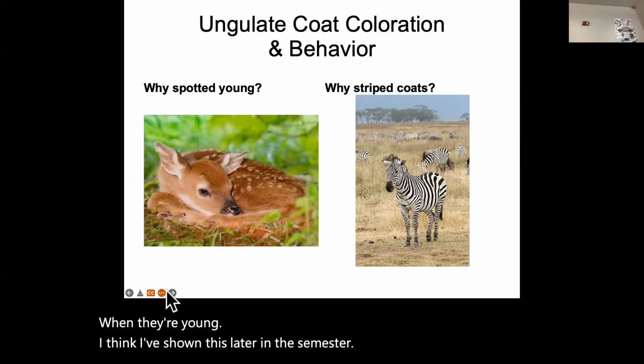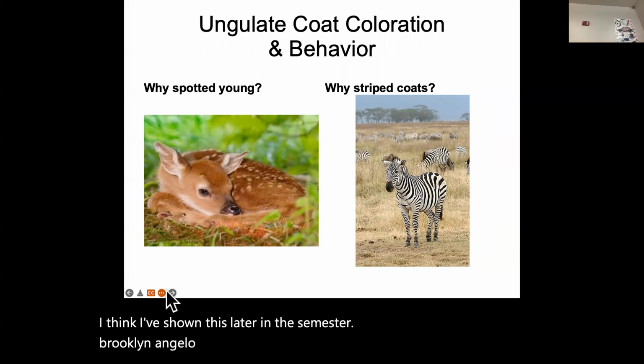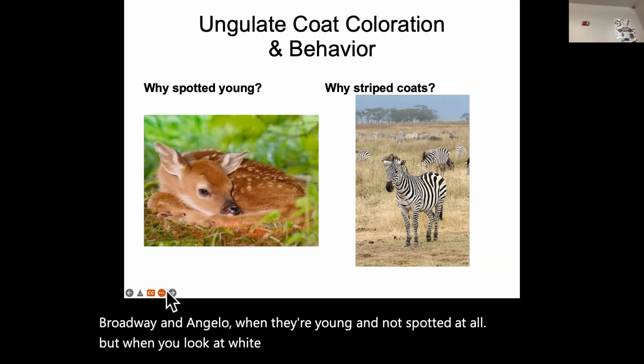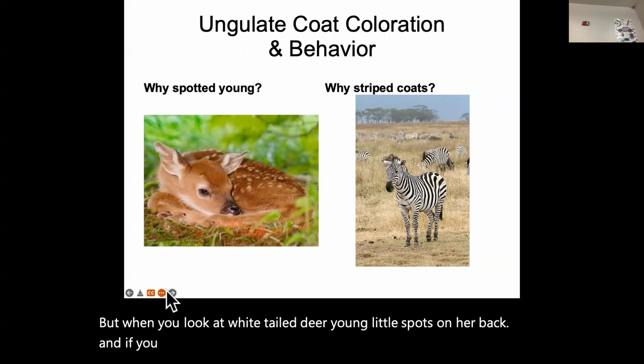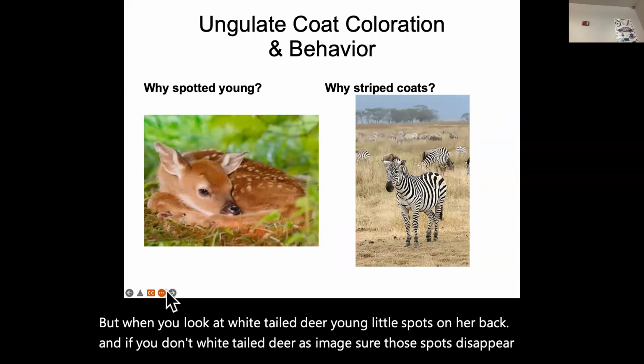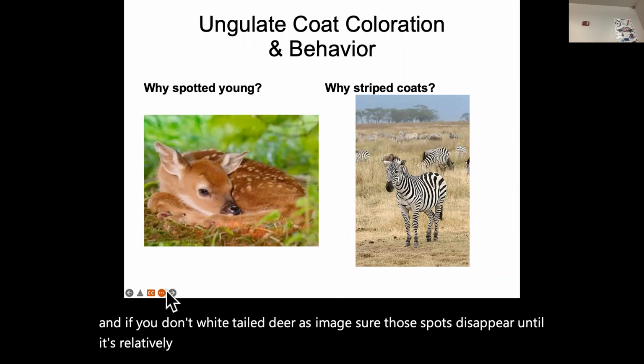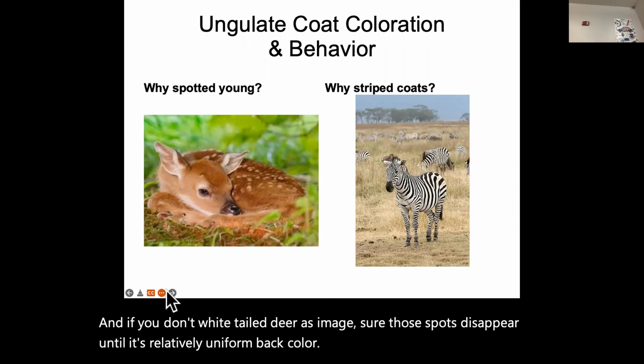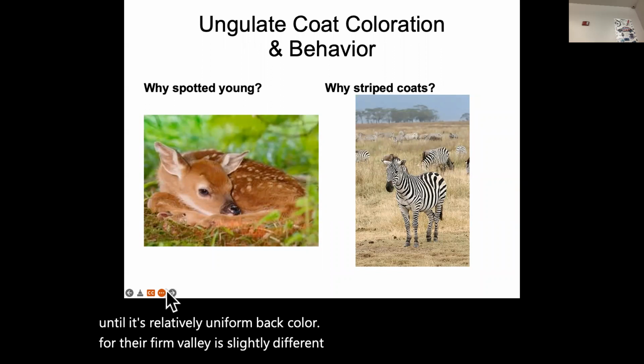Pronghorn antelope, when they're young, they're not spotted at all. But when you look at white-tailed deer, when they're young, they have little spots on their back. And if you know white-tailed deer, as they mature, those spots disappear until it's a relatively uniform back color for their fur. The belly is slightly different than the back, their tails are very different.